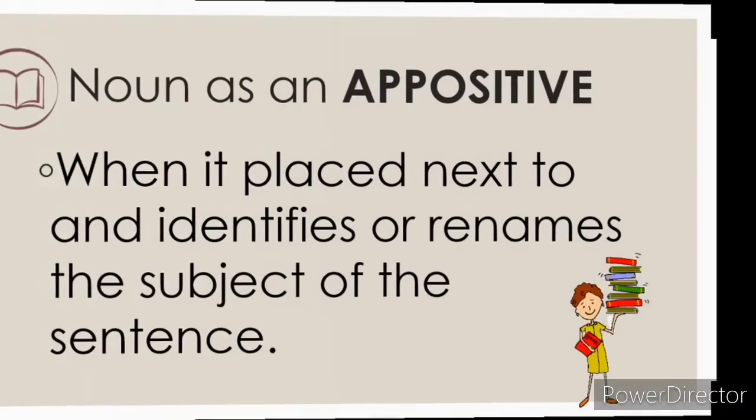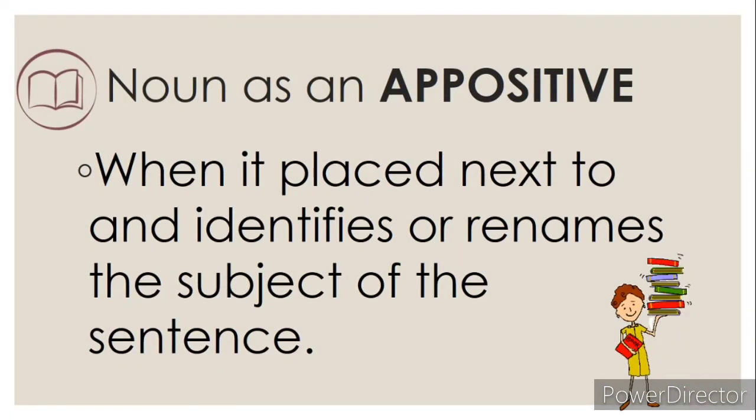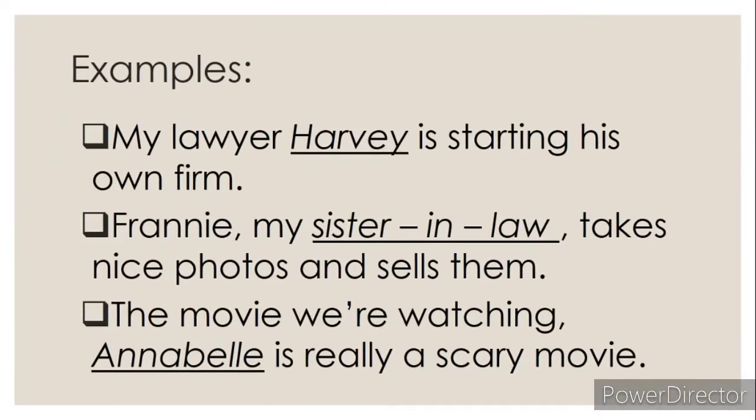Now, let's move on with noun as an appositive. So, when it is placed next to and identifies or renames the subject of the sentence. We have here examples. My lawyer, Harvey, is starting his own firm.